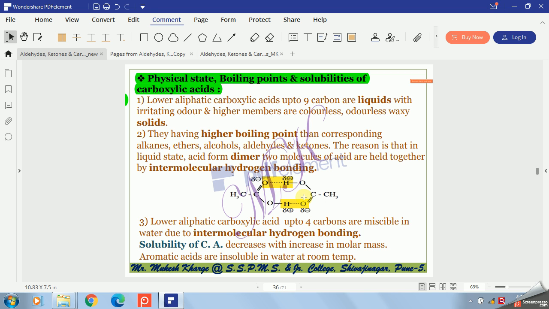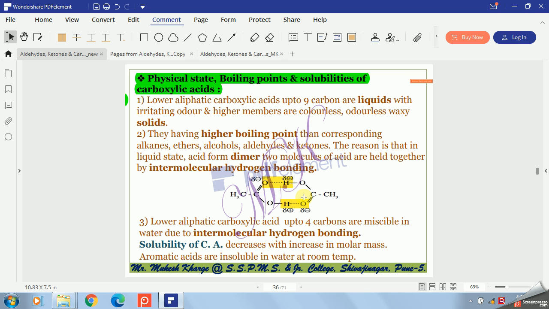Di means two. Those two molecules get combined together, and due to that we require more energy to break the bond, along with the other bond, and convert that liquid into gas state. So the boiling point increases due to this dimerization, and this dimerization is due to intermolecular hydrogen bonding.